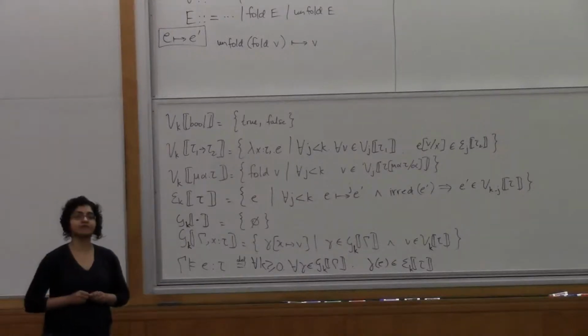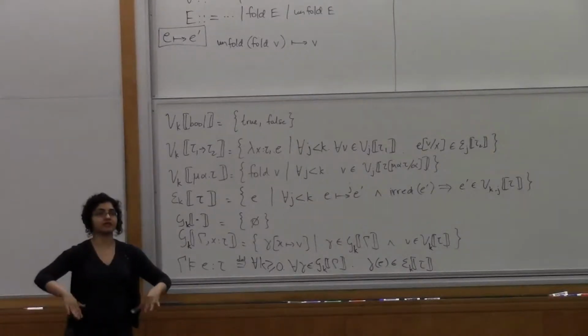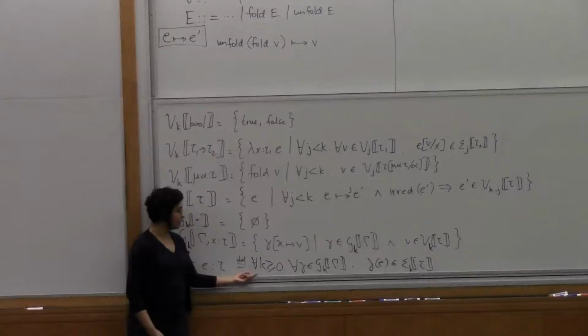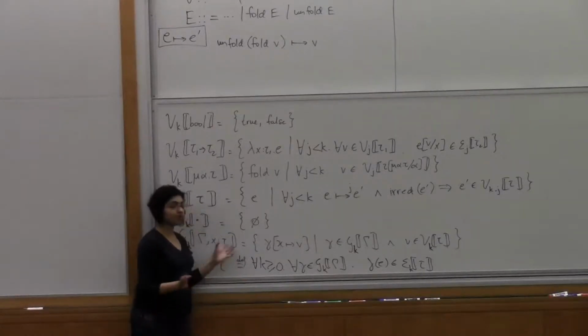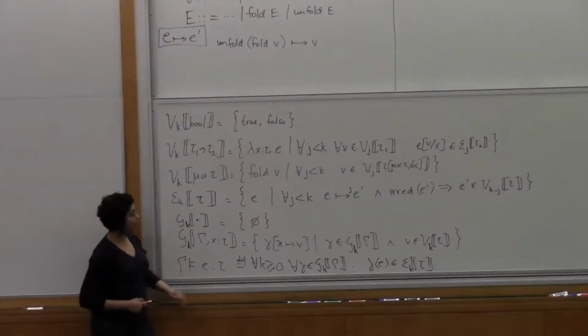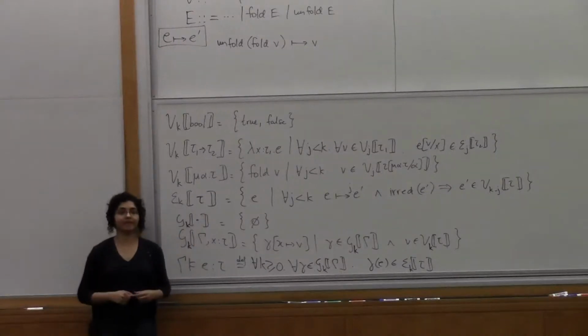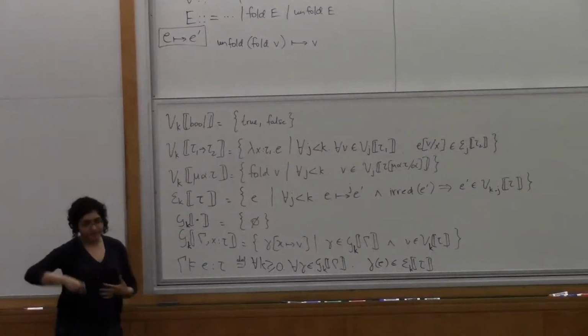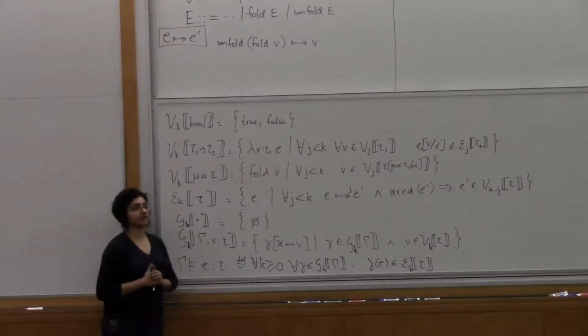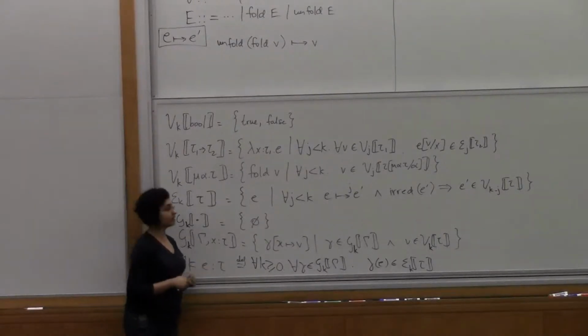So you constantly work at some level of approximation, but since you prove this for all k, that tells you that in the limit, E actually behaves like it has type tau.